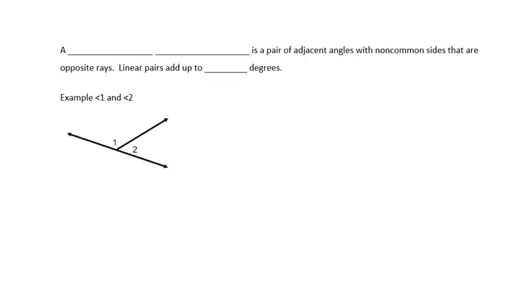A special kind of adjacent angles is called a linear pair. And linear pairs add up to 180 degrees. They're a special case because they lie along a straight line.